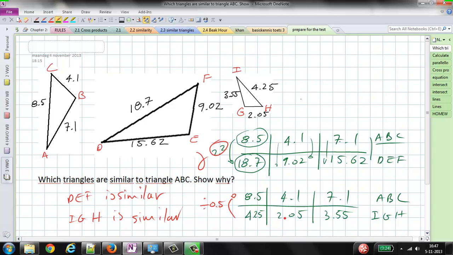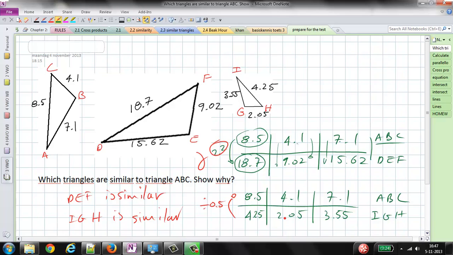We've put this in a ratio table, and then we want to say if the ratio holds. So I want to look at what number I have to multiply 8.5 by to get 18.7, and that number is 2.2. Well, how did I get that number? I took 18.7 divided by 8.5, and I got 2.2. So that means that 2.2 times 8.5 is 18.7. Now, if that's true for all of these, then the ratio holds.